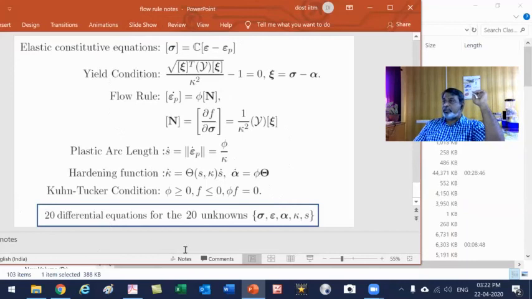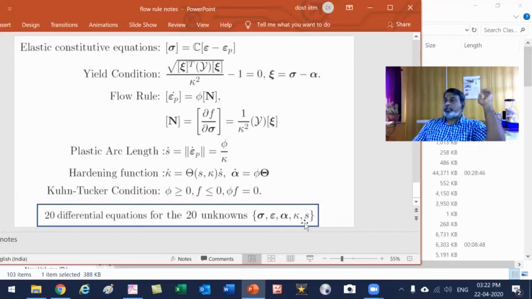These 20 differential equations will be in terms of sigma, epsilon, alpha, kappa, and S. You'll notice the dependency of plastic strain has been removed here. You can either specify how the stress is varying or the strain is varying. So if you look at this, you have 6 plus 6 plus 6, 18, plus 2, 20 unknowns. If I introduce also the variation of one of them as a specification.